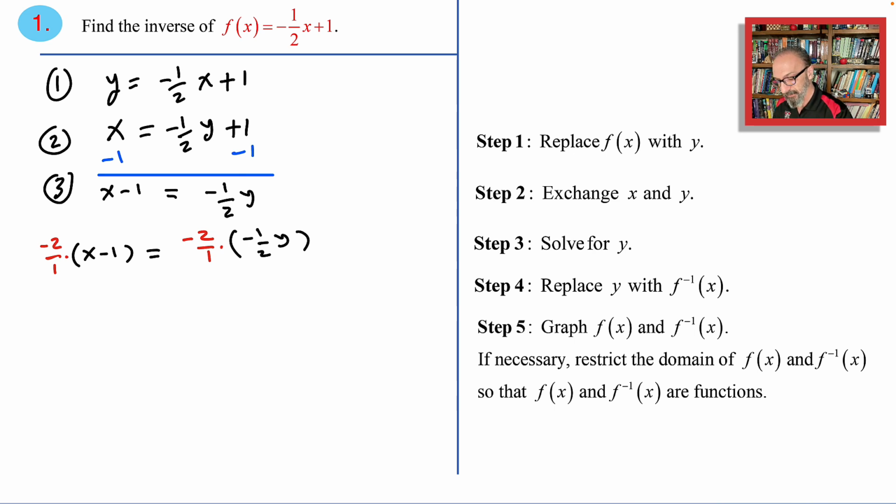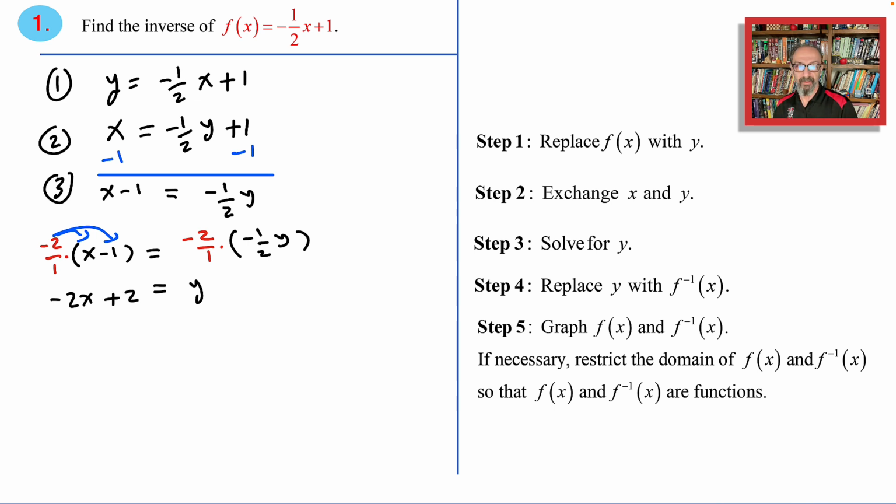The right-hand side simplifies to 1y. The left-hand side is negative 2 times x and times negative 1 using the distributive property. We end up with negative 2x, and negative 2 times negative 1 is plus 2.